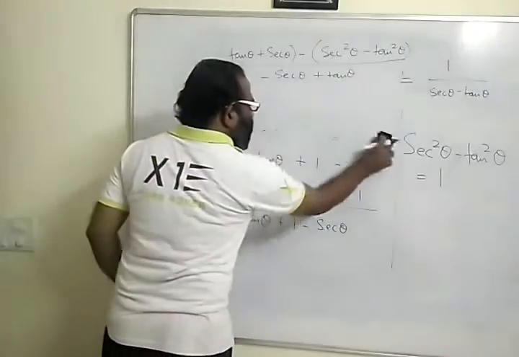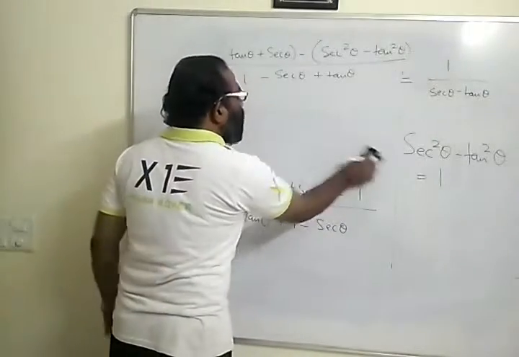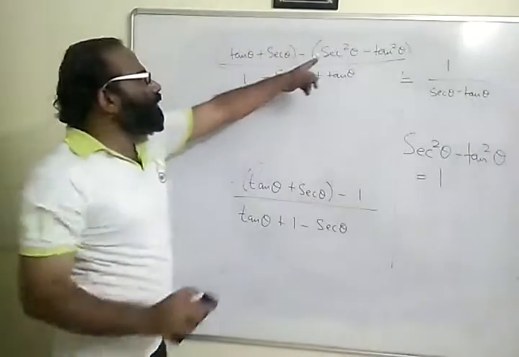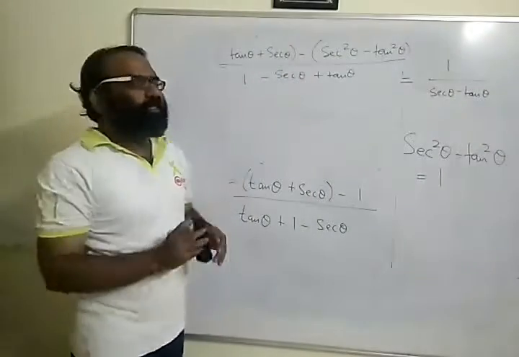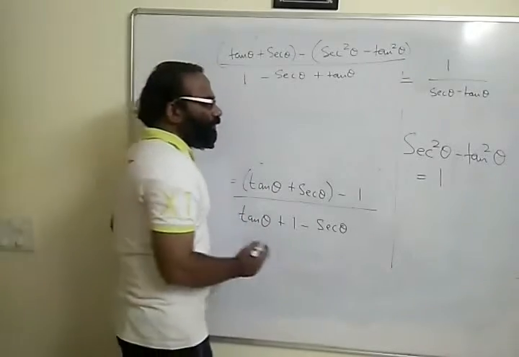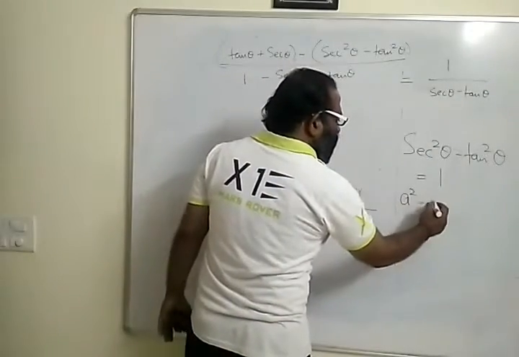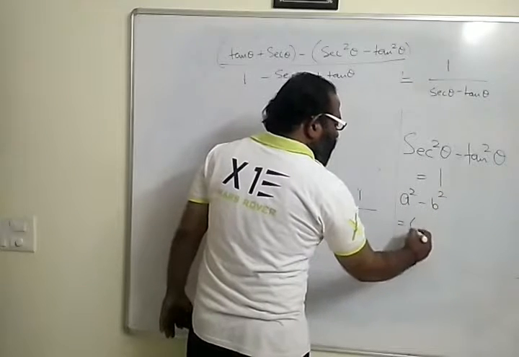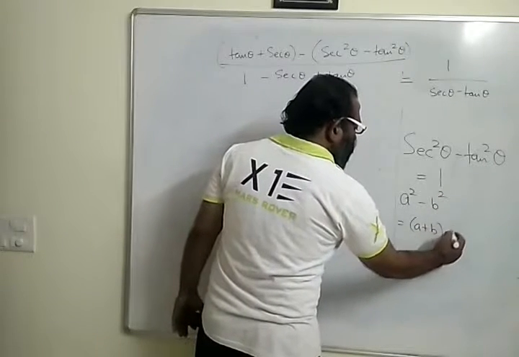Now, the next step. If you see here, this is of the form a squared minus b squared. A squared minus b squared can be written in the form a plus b into a minus b.